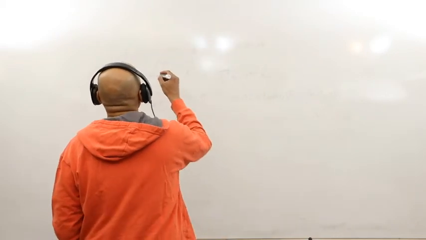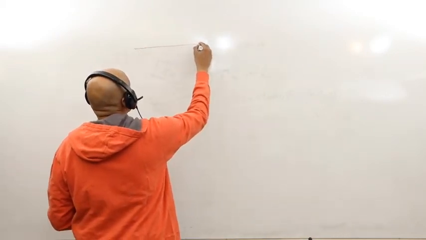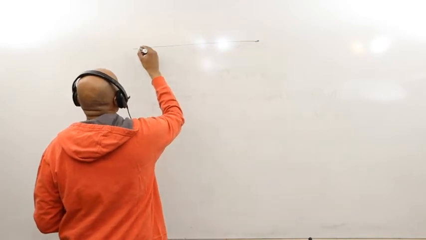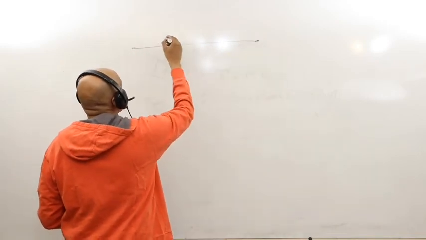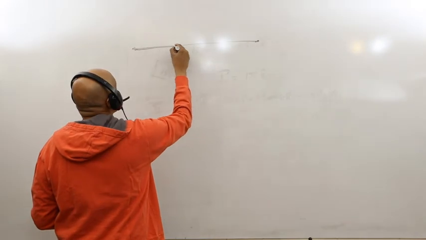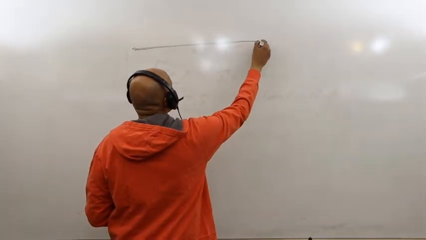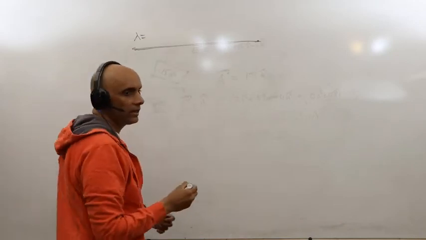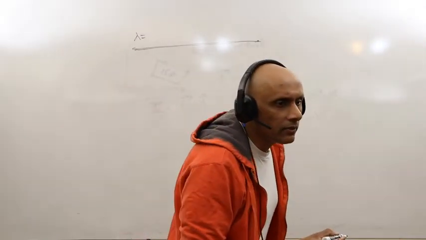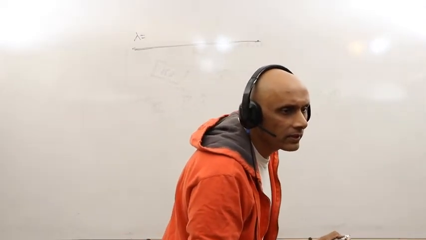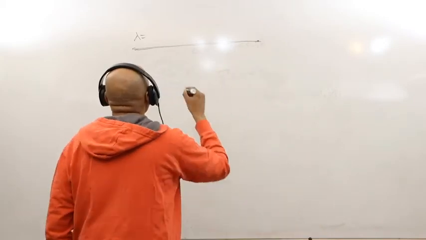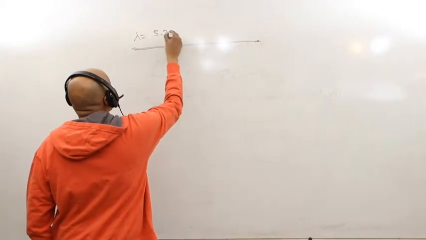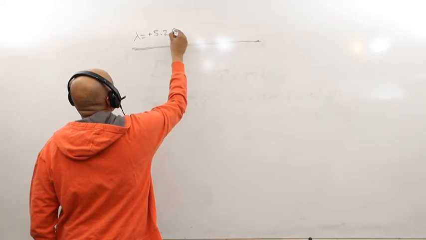So what we're told is that we have an infinite wire, and this wire has a uniform charge on it, and lambda is given by 5.2 coulombs per meter, positive.